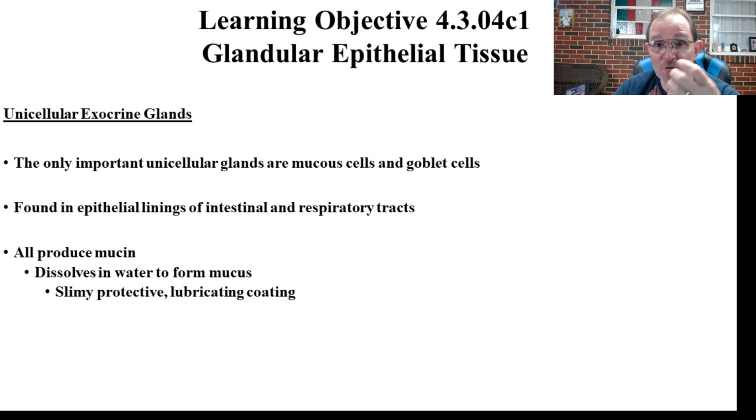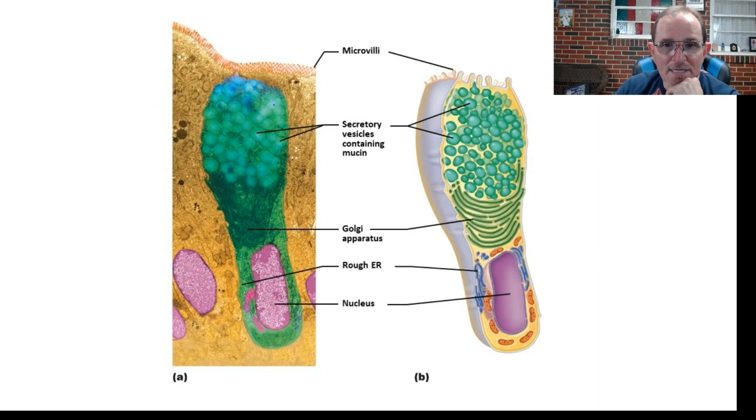In the GI tract, it's more there to lubricate. If you've ever had a really dry mouth and you swallowed something and you felt it burn as you go down, it's a friction burn. So the mucus lubricates it so that it doesn't rub up against the tube and cause that uncomfortable feeling. So that's what it's for in the GI tract.